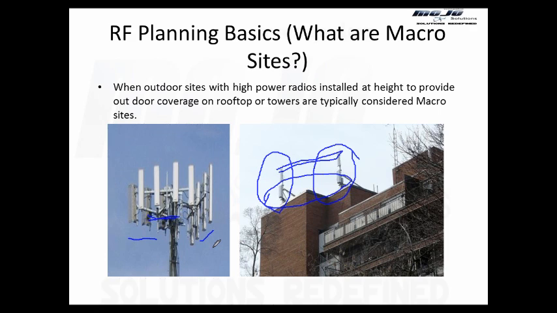RFDS is per site. It's not per technology. So when you have an RFDS, you will have to consider other technologies as well in the same RFDS. That is the important thing, that in case of RFDS, UMTS, LTE, and even GSM have the same RFDS.